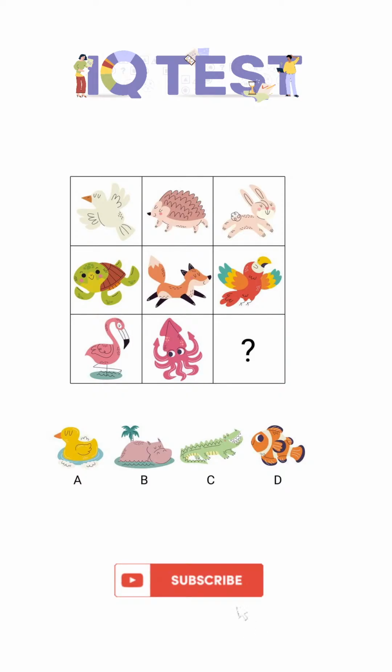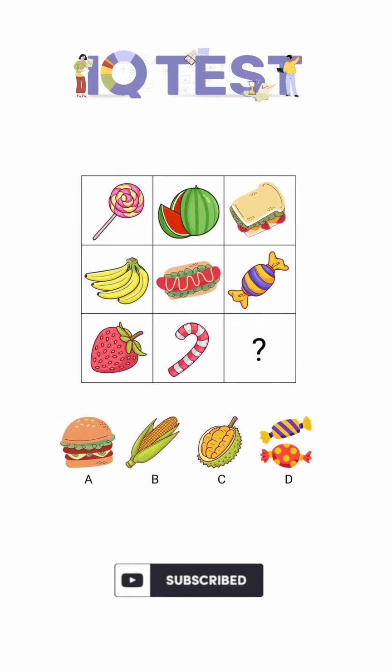Okay. So let's proceed to look at the next one. Please rack your brains and tell me what you think the answers are. So let's have a look at this one. What is your answer?